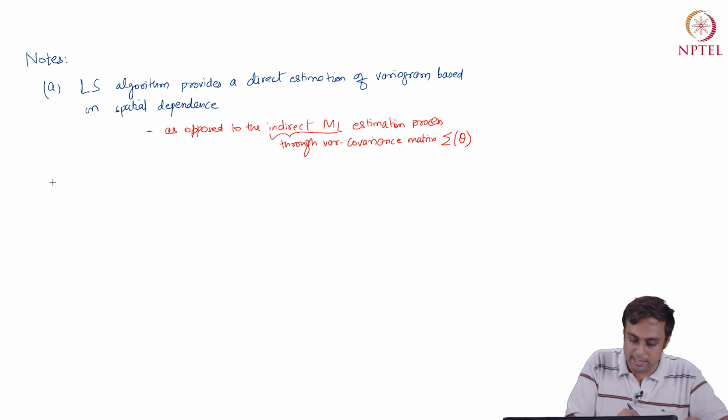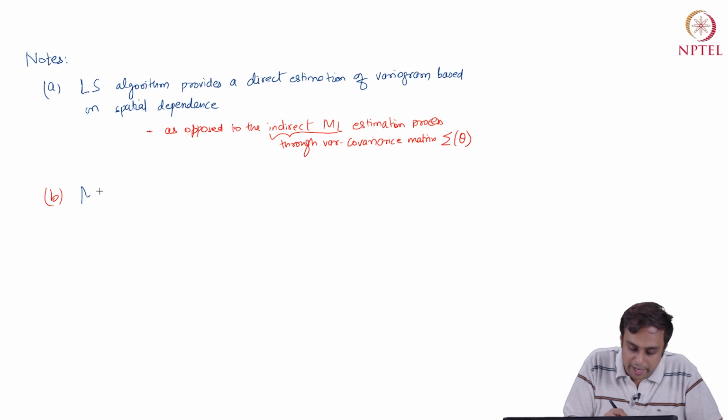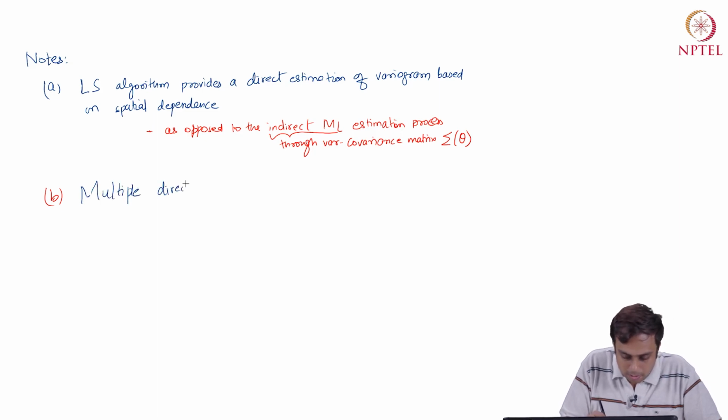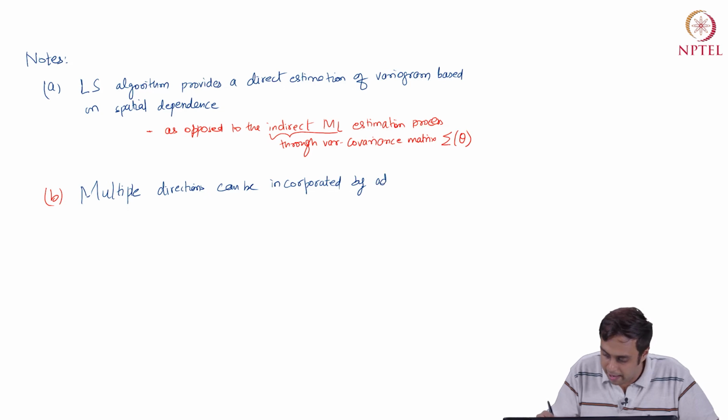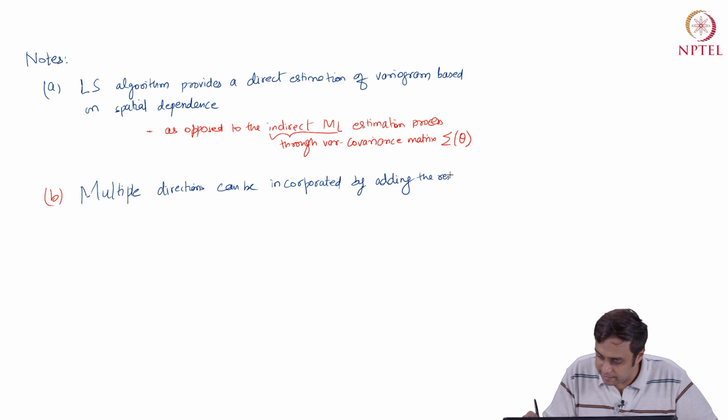data. The second point with least squares is that multiple directions can be incorporated by adding the respective squared differences.